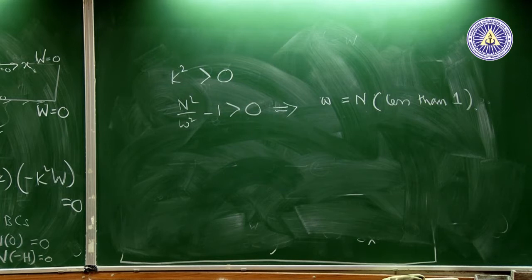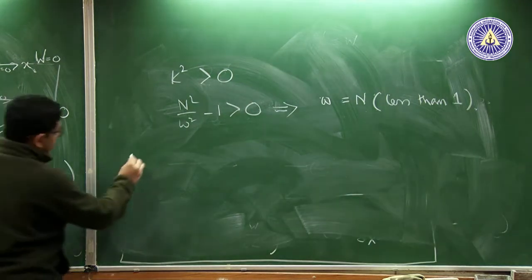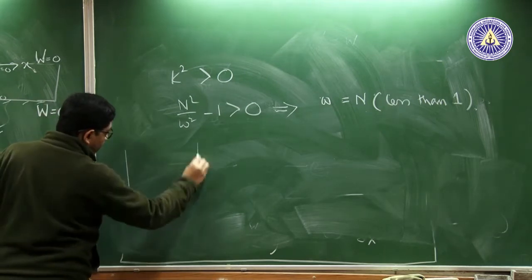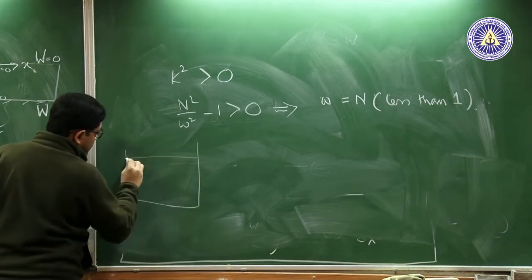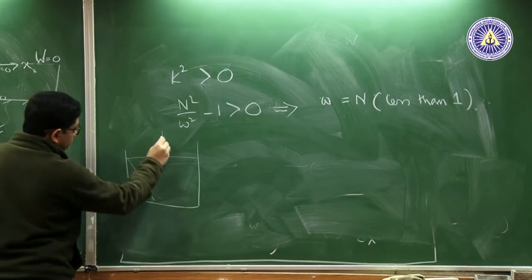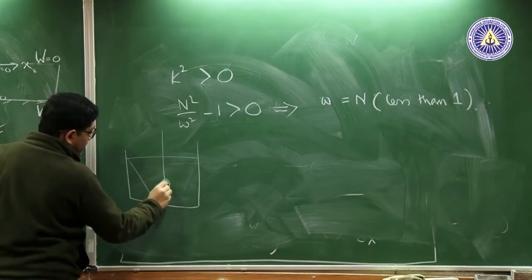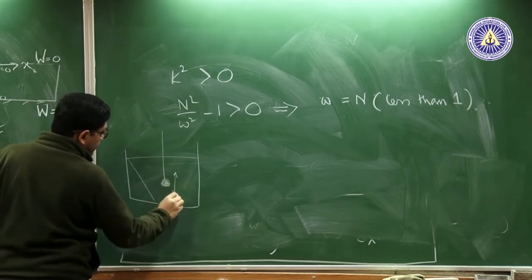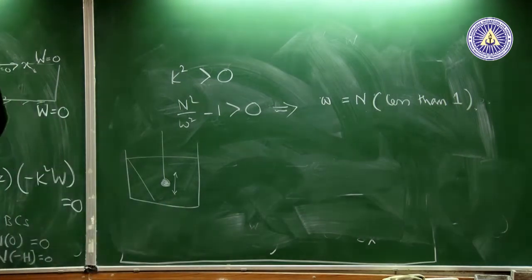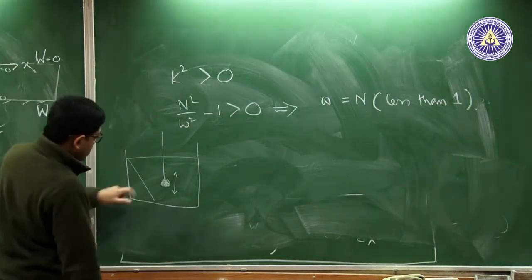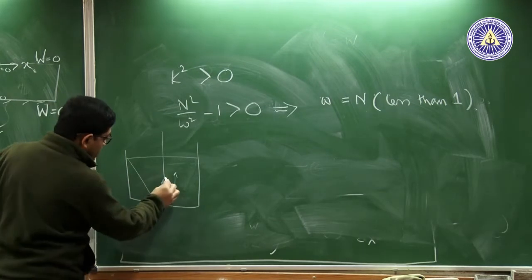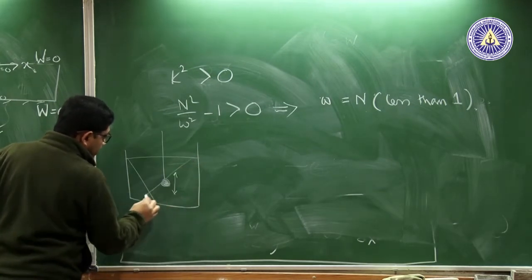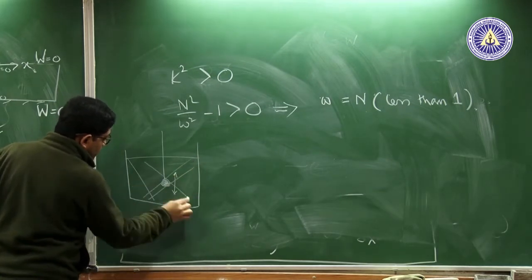There is a famous experiment. If you have a density stratified fluid, and you put a pendulum bob or something, and you cause it to oscillate like this, it gives rise to internal gravity wave beams.